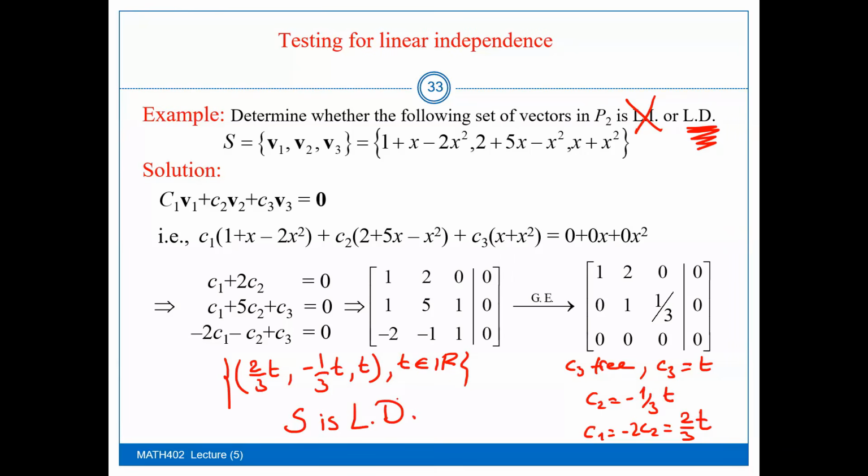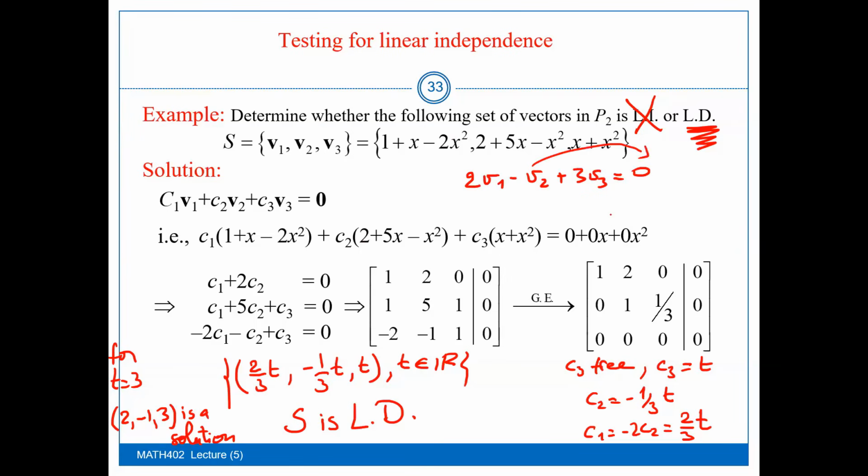And again, what does it mean to be linearly dependent? For example, to simplify, if we take t equal 3, what is the solution? It's 2, -1, 3. This is a solution of the system, which means that 2v1 minus v2 plus 3v3 equals 0.